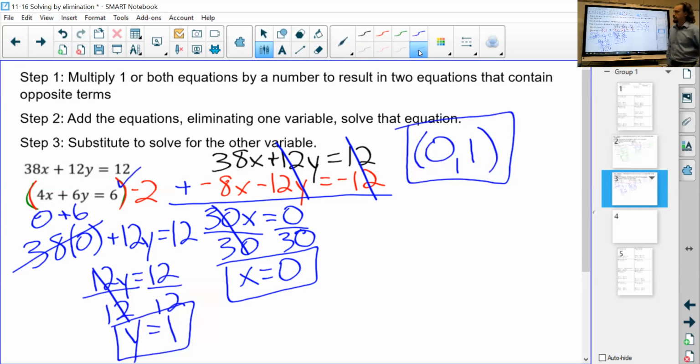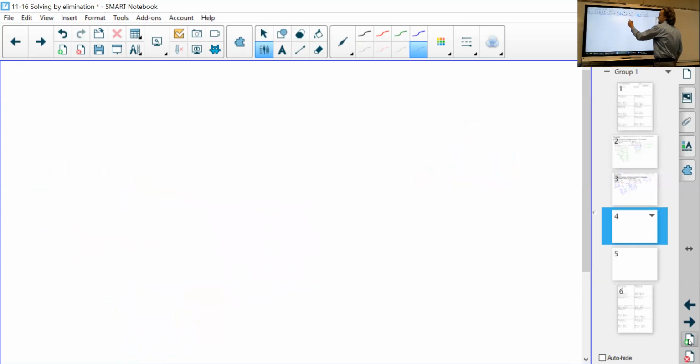But that's elimination. One other thing I will tell you, if you multiply something out, if everything goes away, if everything cancels out, you're left with nothing. If after you eliminate all you're left with is 0 equals 0, then you have an infinite number of solutions.